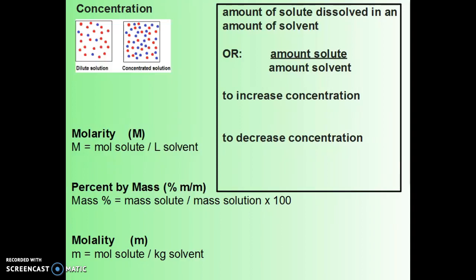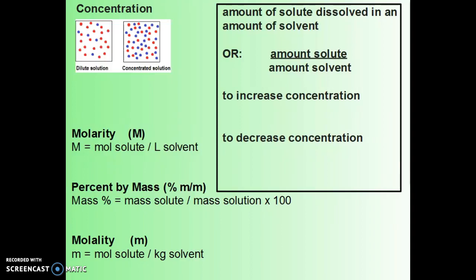is being dissolved into. And so in the picture here we can see the difference between a low concentration and a high concentration. When there is a low concentration, a lot of times we will call that dilute, which just means there's not very much solute, or that there's a lot of solvent compared to your amount of solute.